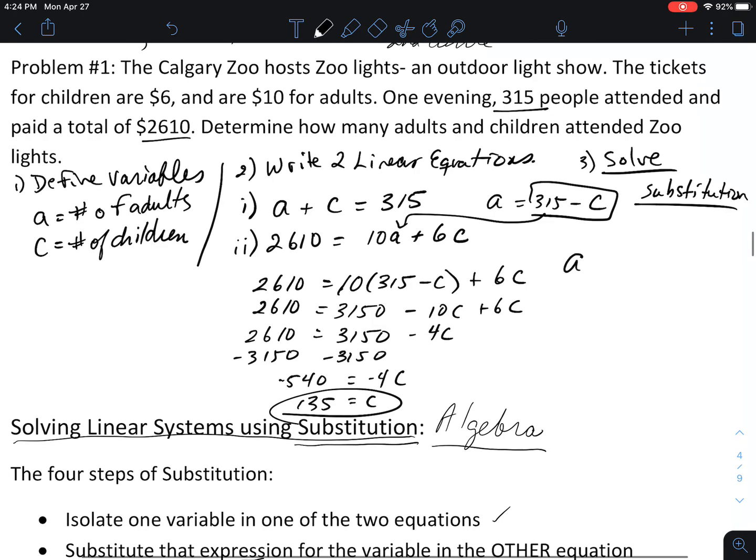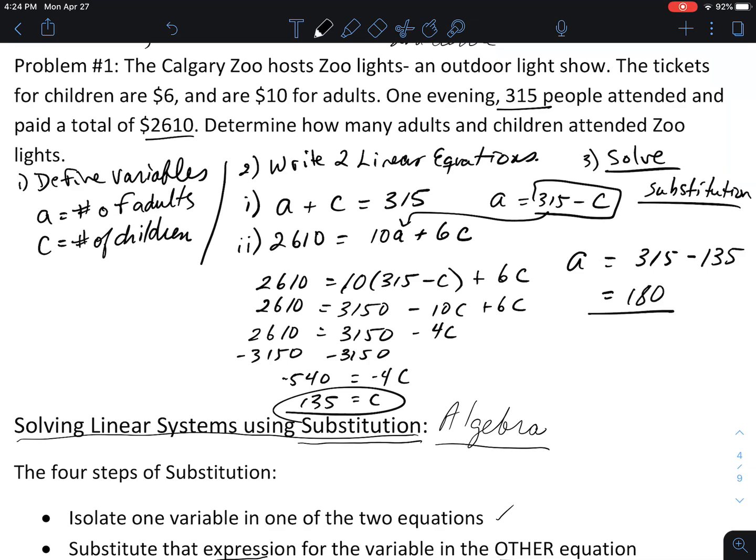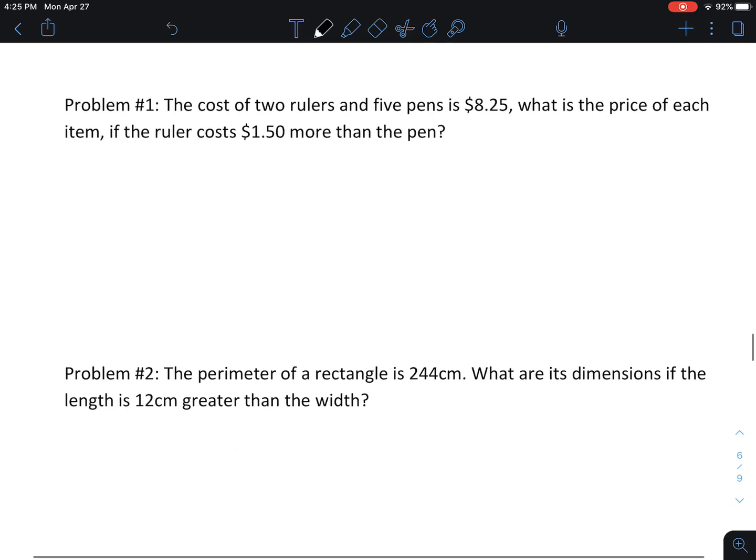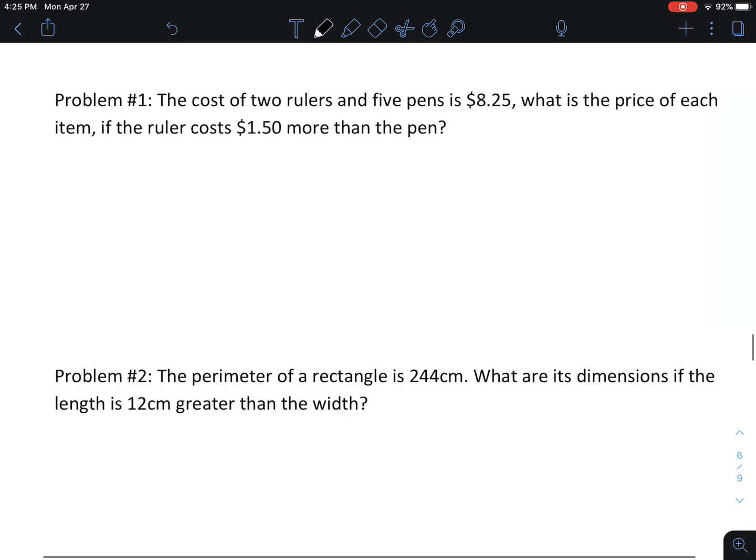And dividing by 4, I get 135 children. And remember that there's always two parts to the solution. So now the adults is 315 minus C, which is 180. So I can say there were 180 adults and 135 children. And that's my answer for that one.